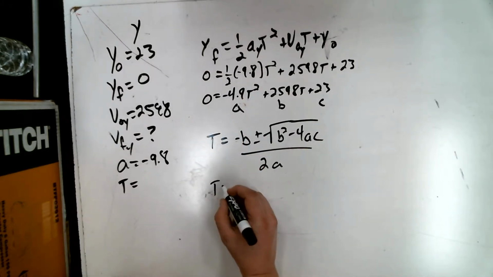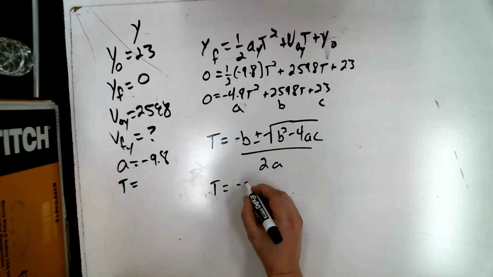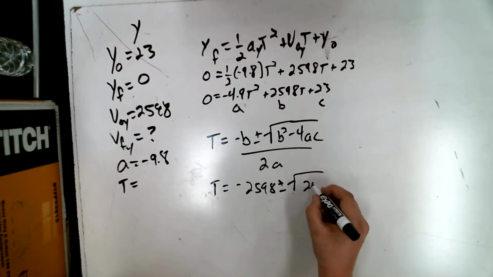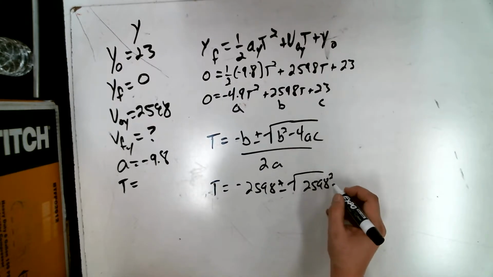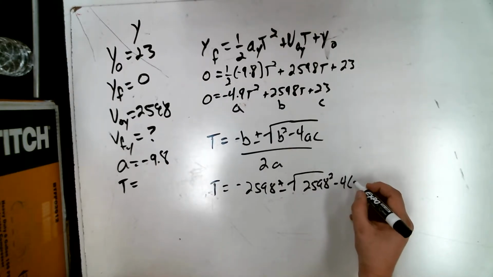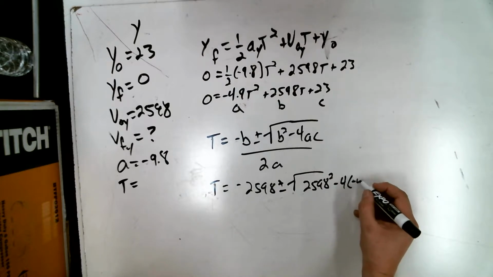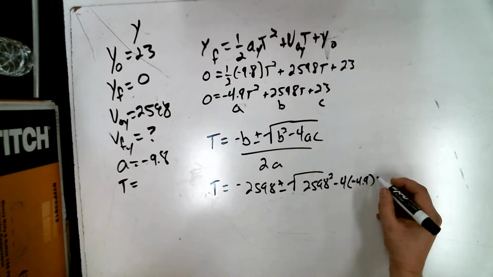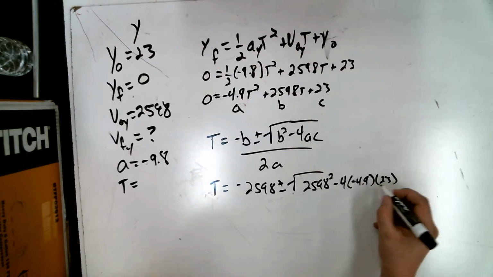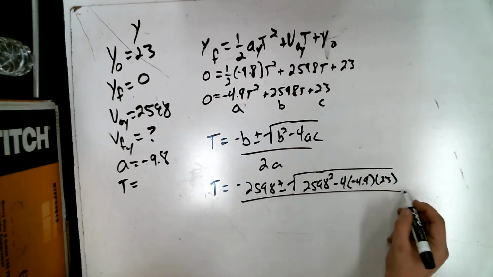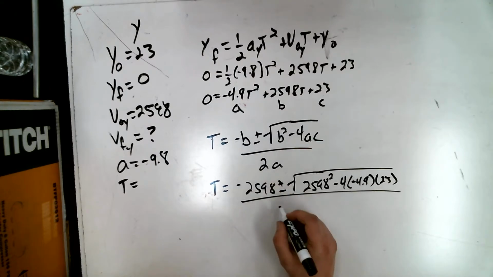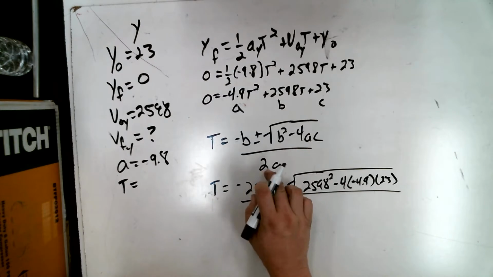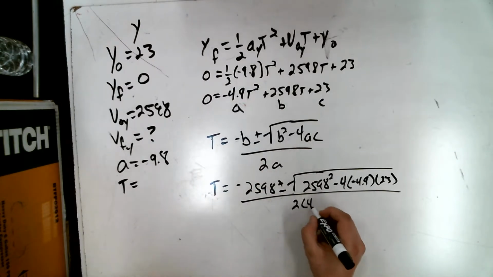So t is equal to negative 2598 plus or minus the square root of 2598 squared minus 4 times negative 4.9 times 23, over 2a, so that is 2 times negative 4.9.